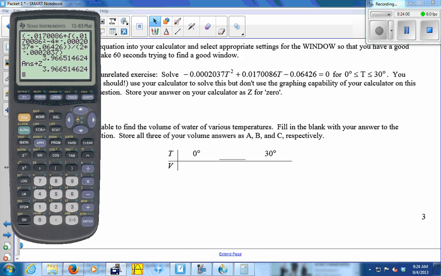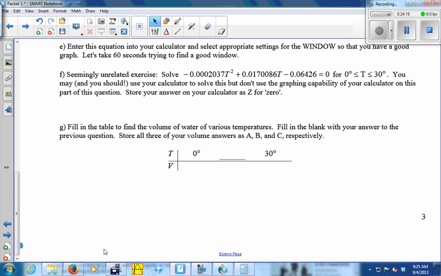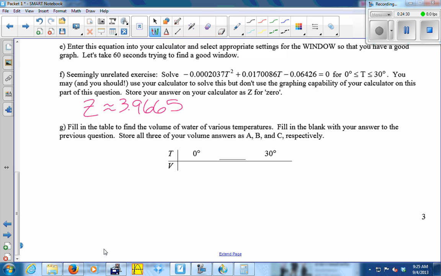I can do it without having to retype everything by pressing second enter and changing that to a minus. See what I get. 79.5 is outside of my domain of 0 to 30. Okay, so Z was approximately 3.9665 stored in our calculator.